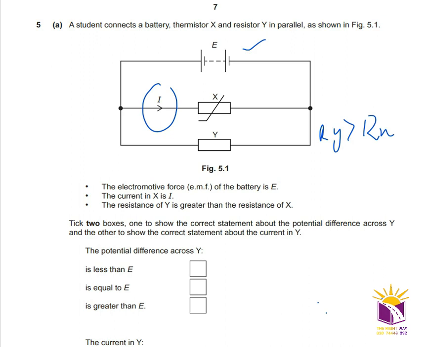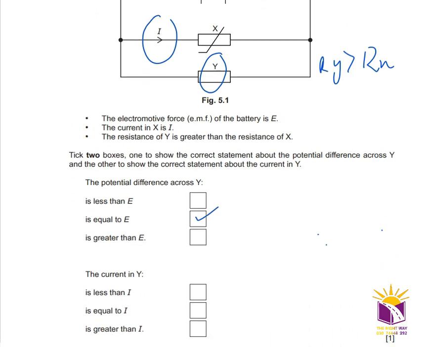So we have to discuss the current passing through Y and the potential difference across Y. The potential difference across Y is the same as E, the potential difference of the battery, because our devices are connected in parallel and in parallel the potential difference remains the same.